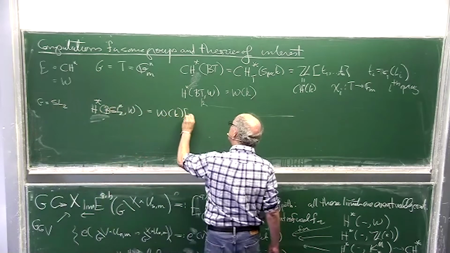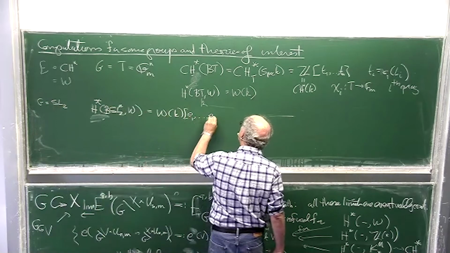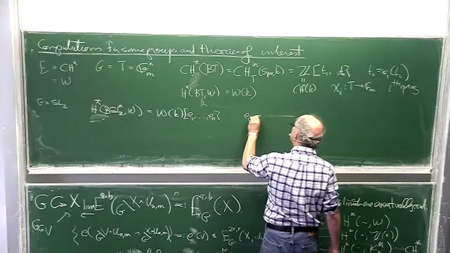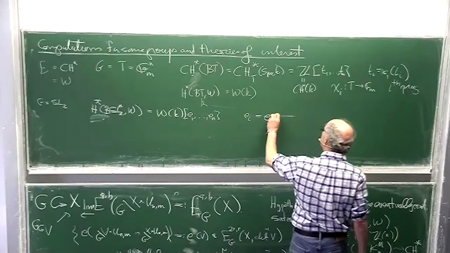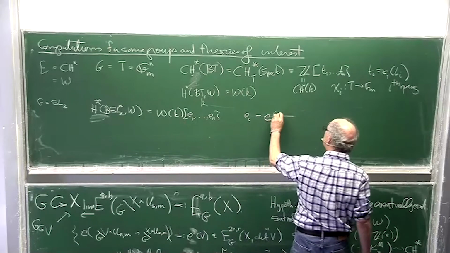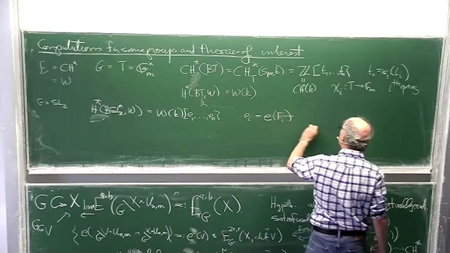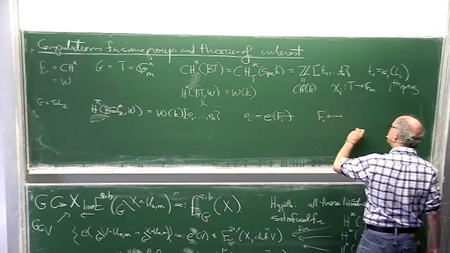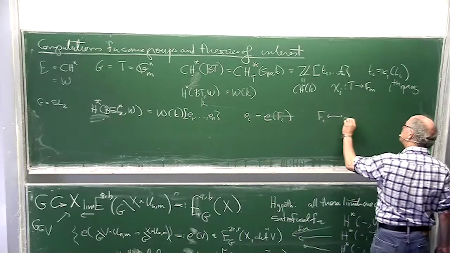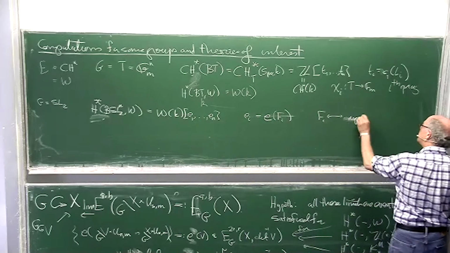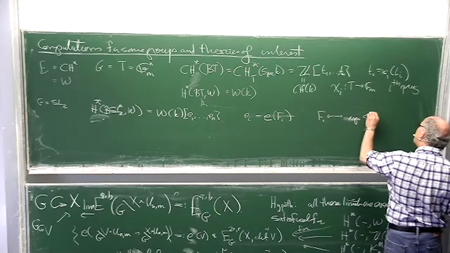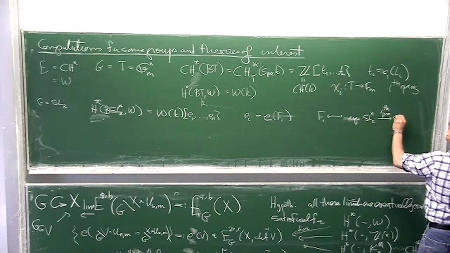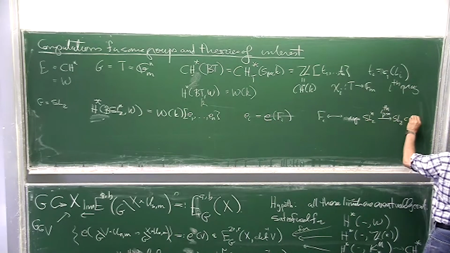This is generated by Ei. What's Ei? Ei is equal to the Euler class of Fi, where Fi is the bundle corresponding to the canonical representation, SL2 to the n by the i-th projection, SL2 sitting inside of GL2.